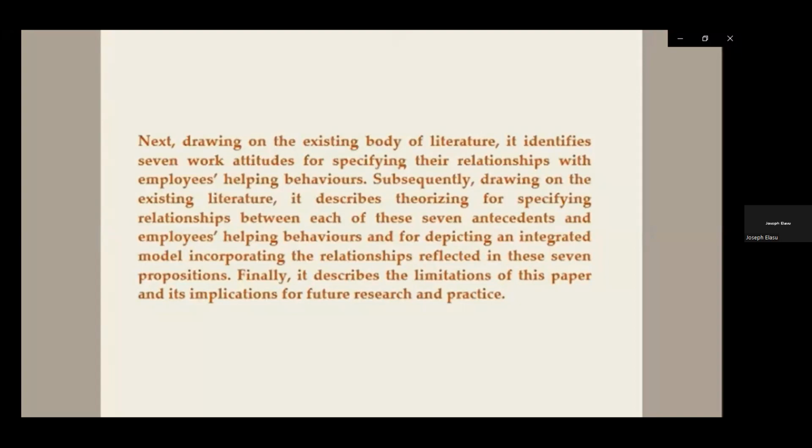Finally, ladies and gentlemen, it describes the limitations of this paper and its implications for future research and practice. So this is really how the introduction looks like. And this is a sample from one of the conceptual papers that were published in the literature, ladies and gentlemen.